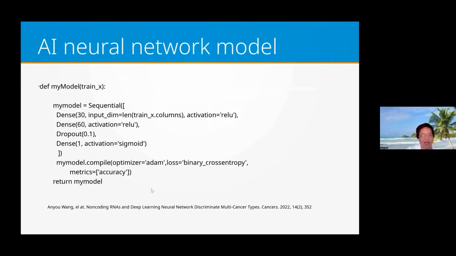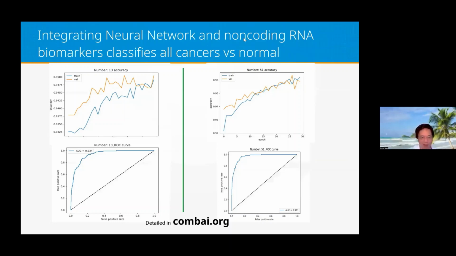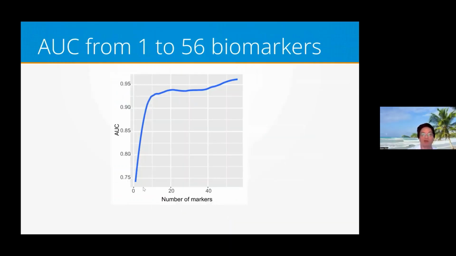After the AI model, combining the AI model with non-coding RNA, you see 13 biomarkers get 98%, 93% AUC, and 15 biomarkers get 96% AUC here, and it is stable. I plotted the code on my website compile.org, and you see the AUC from biomarker 1 to 15 go up and up to 96%.